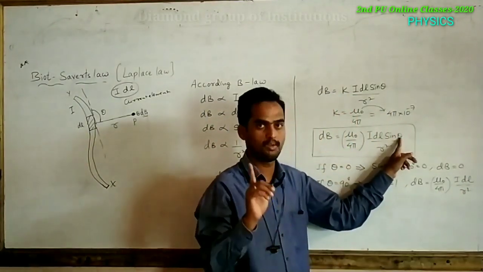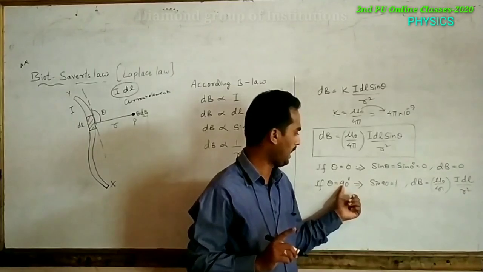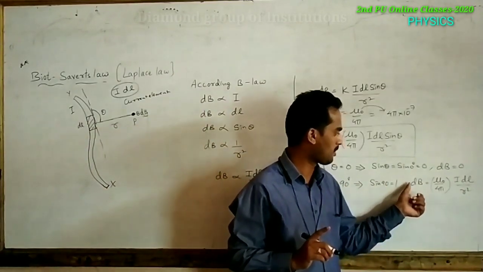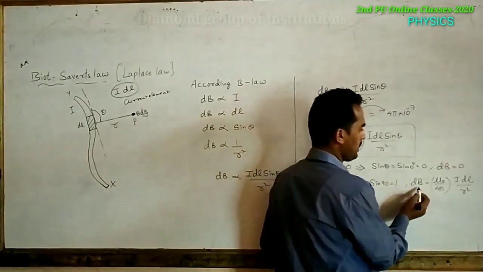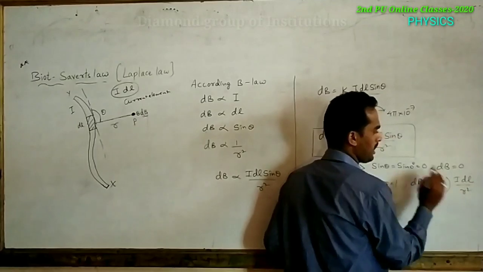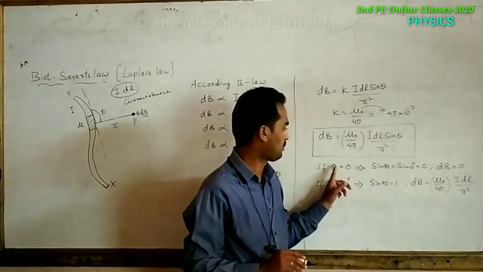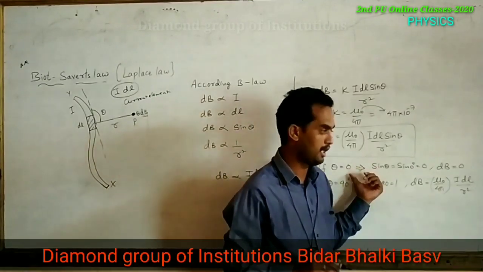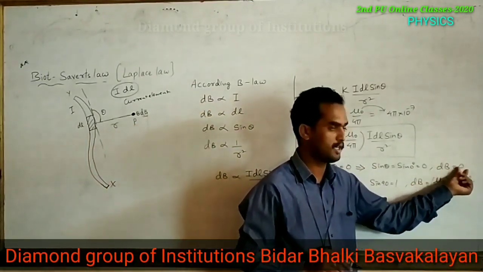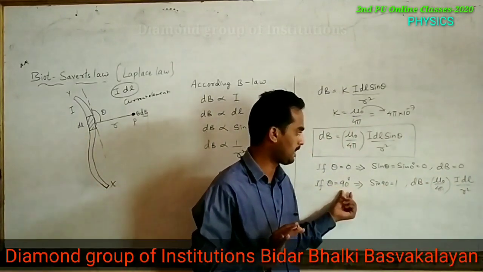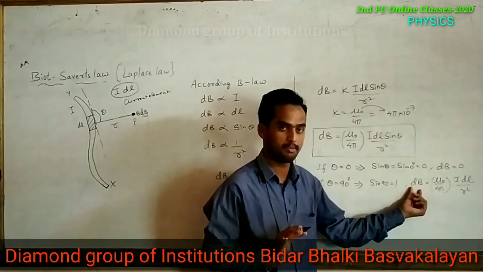The sin term becomes 1 because the angle is 90 degree. So if the angle is 0, that is parallel or linear, no magnetic field is produced. Where the angle is 90 degree, the magnetic field is produced.